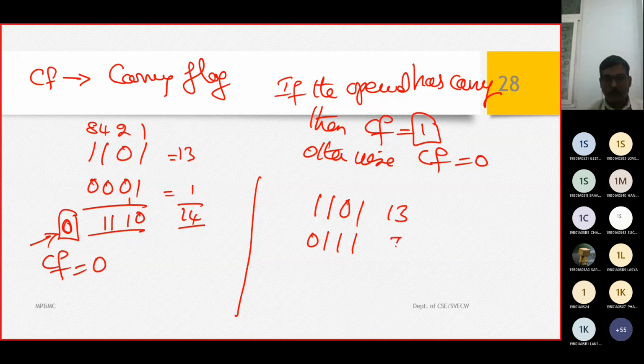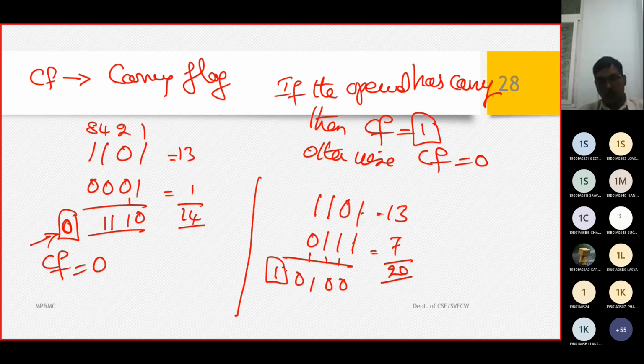Now I am going to say 1101 and then I am going to add 7 here. So 13 and 7. So I should get 20, which is going to lead up with the carry. So 1 plus 1 is 0, carry 1. 0 plus 1 is 1. 1 plus 1 is 0, carry 1. So obviously 1, 1, 1. So 1 plus 1 is 0 and you have this 1.